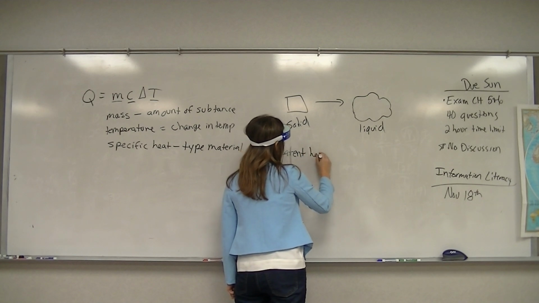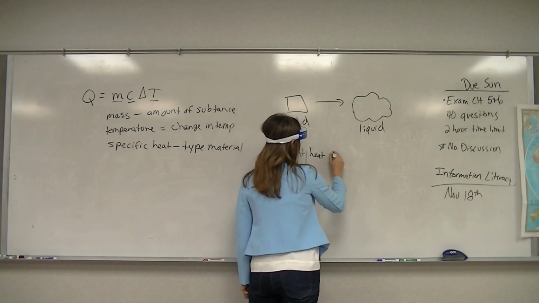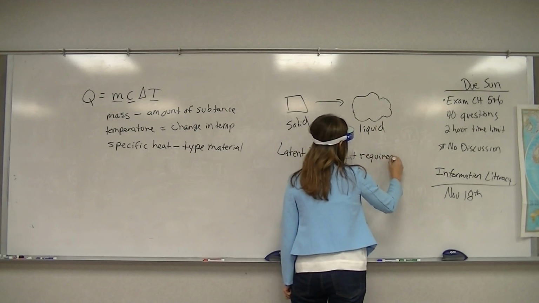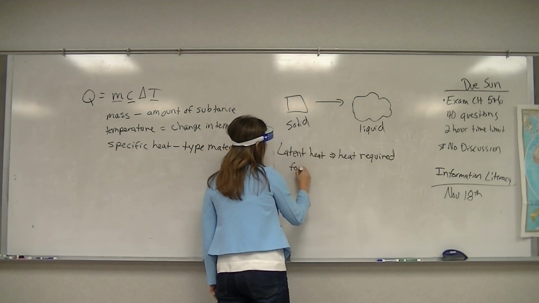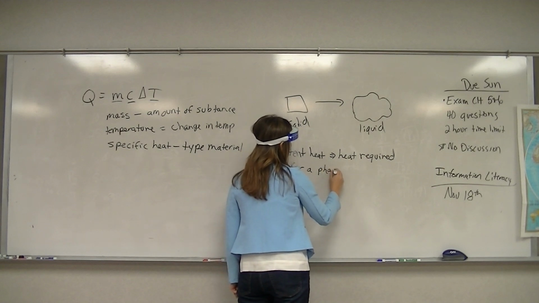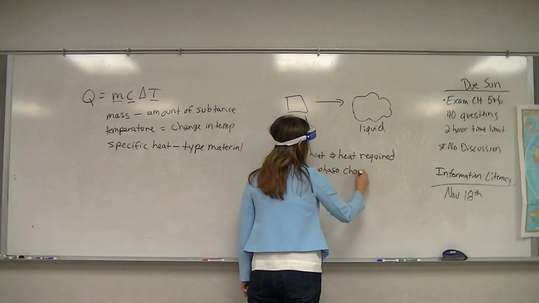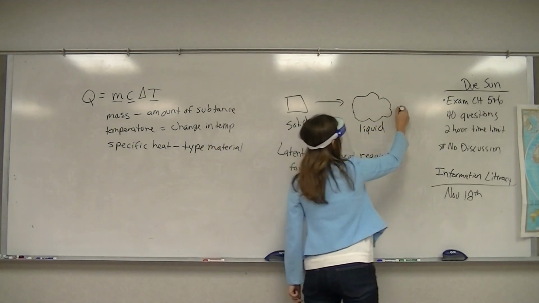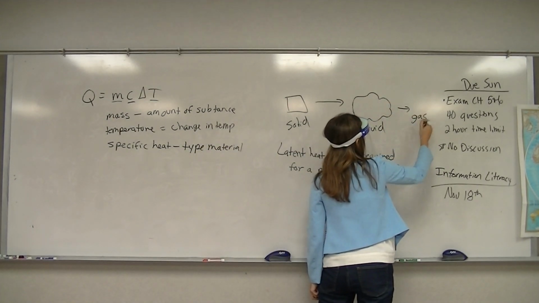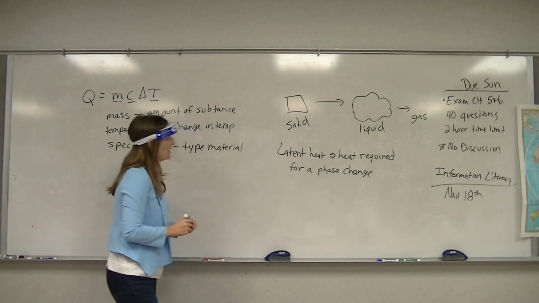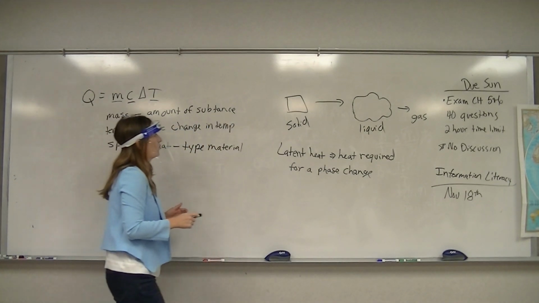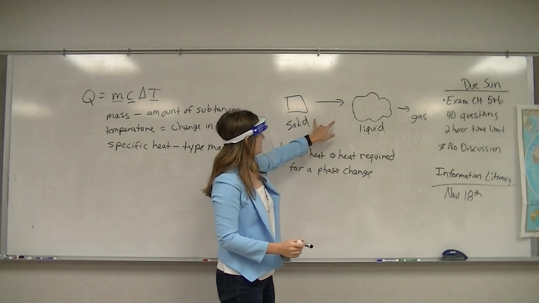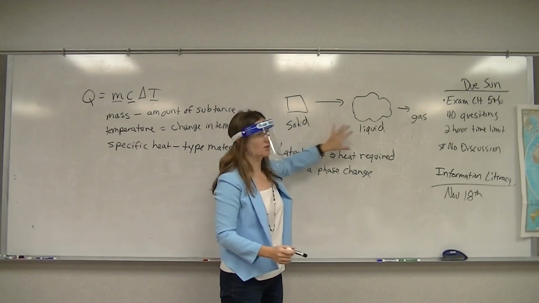So latent heat is the heat required, this is word for word the definition, heat required for a phase change. And when we say phase change, solid to liquid or liquid to gas. Because what's happening when we have a phase change going from a solid to a liquid is that the temperature itself isn't changing, just the form is.